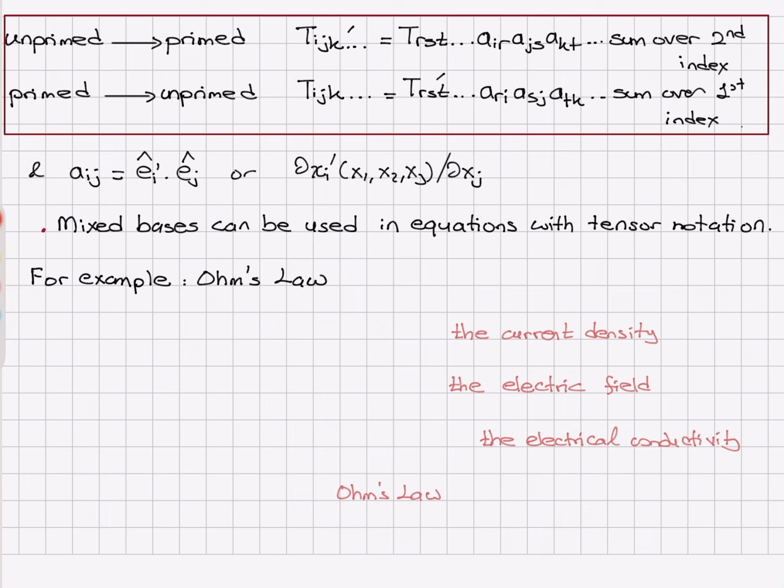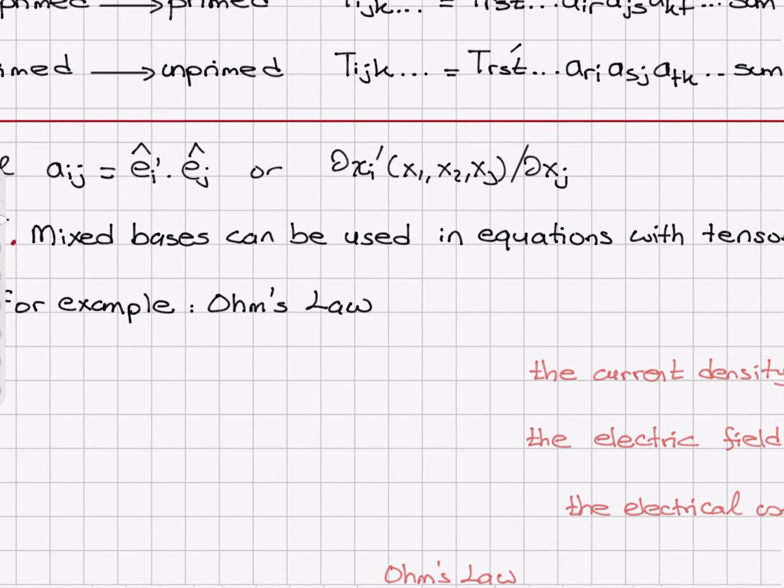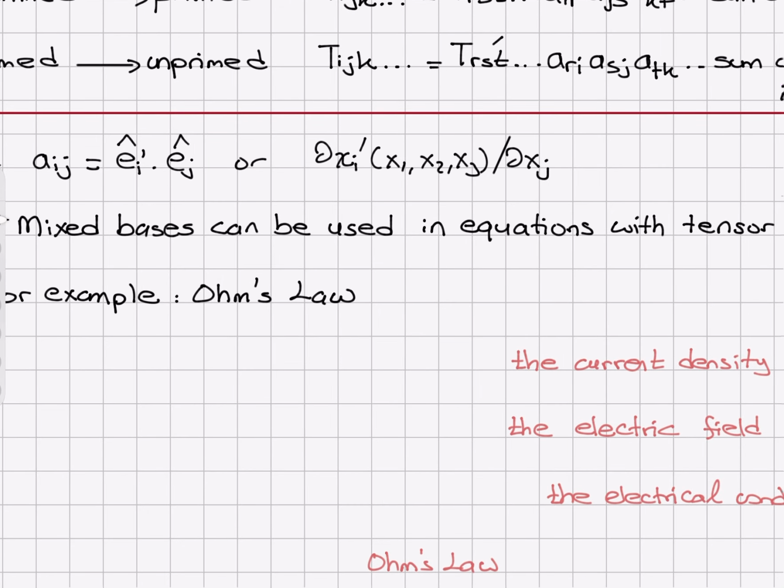And mixed bases can be used in equations with tensor notation, and this really allows us to work with different coordinate systems. For example, using Ohm's law, I can write the current density. Current density is a vector. In the unprimed and primed coordinate systems, it is J_i e_i hat or J_i prime e_i prime hat.